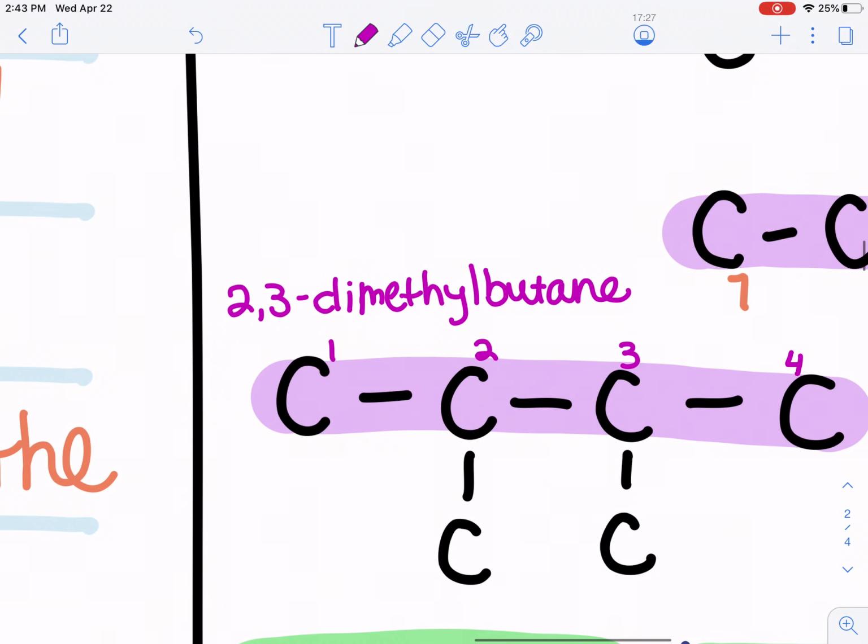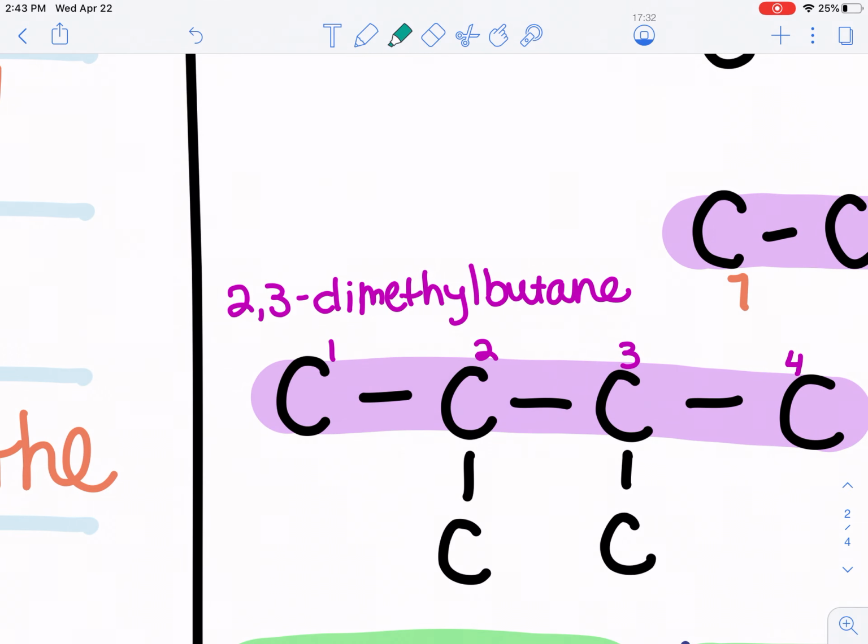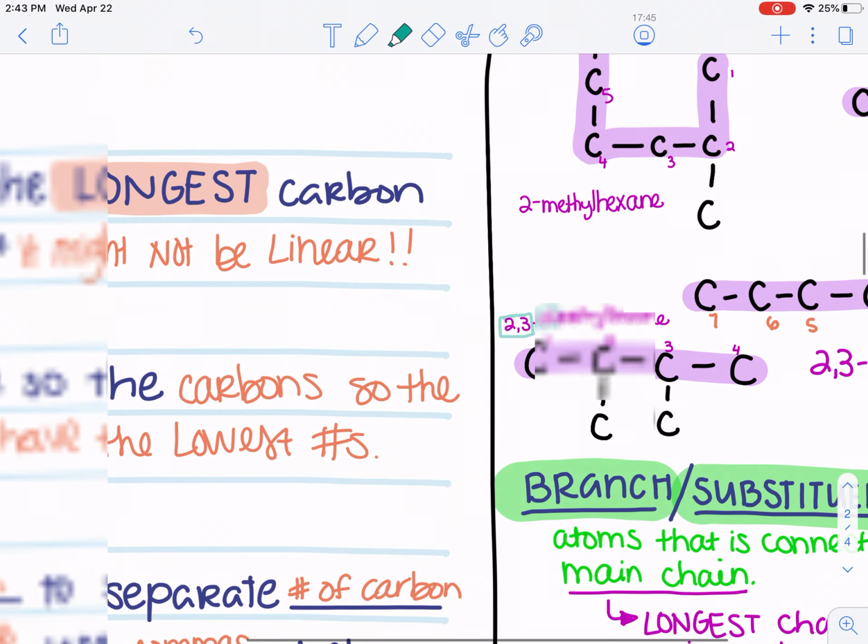Again, it's a little bit repetitive, the fact that we list 2 numbers here to indicate 2 different carbons, and we use di, which is a prefix for 2. So 2 methyl groups, and they are located on the second and on the third carbon.